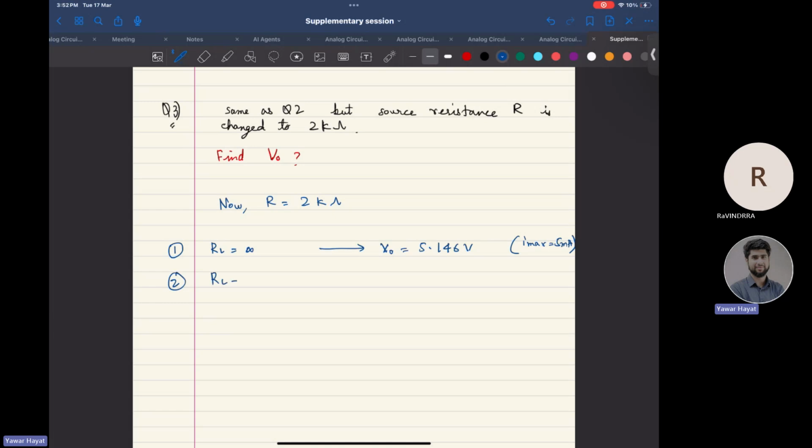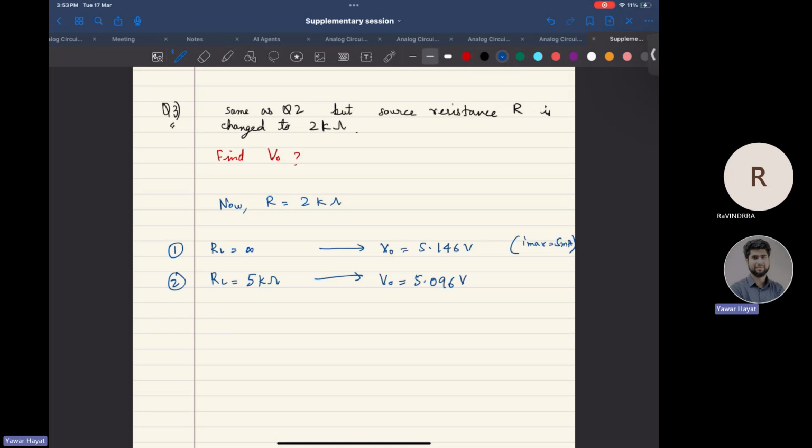Similarly, when your RL would be say 5 kilo ohm, your V output would be how much? 5.096 volts, right?